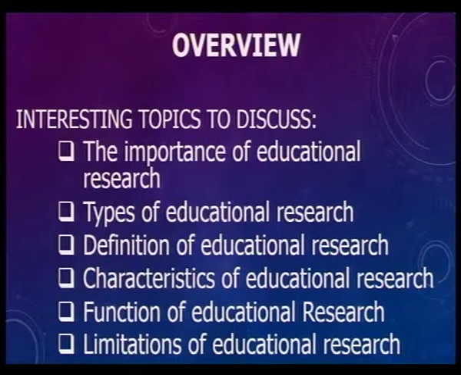Then we're going to talk about the characteristics, how it is formally, how it should look, and the function of educational research, how it works, and the limitations of educational research. This is about, for example, which areas educational research is limited to and is not able to cover. Those are the 6 topics that we are going to look at, and each topic has sub-lessons.